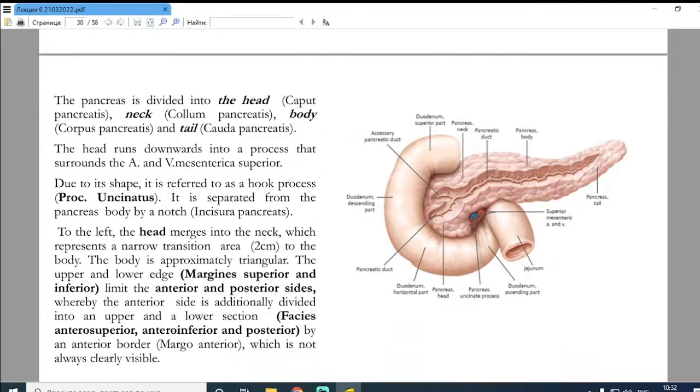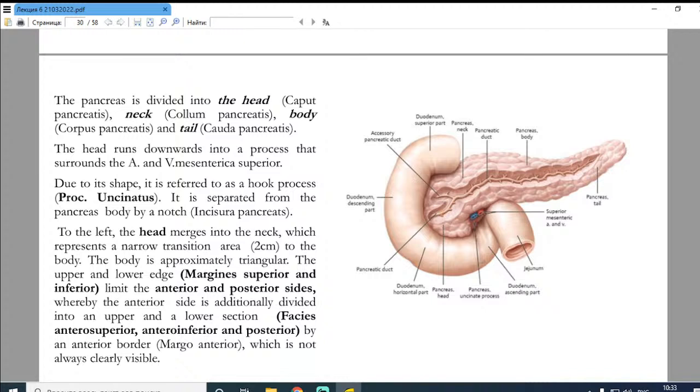The pancreas is divided into head, caput pancreatis, neck, collum pancreatis, body, corpus pancreatis, and tail, cauda pancreatis.